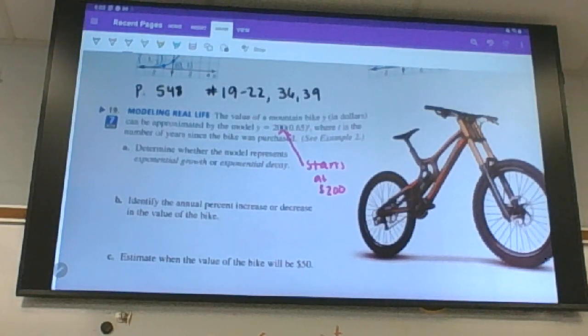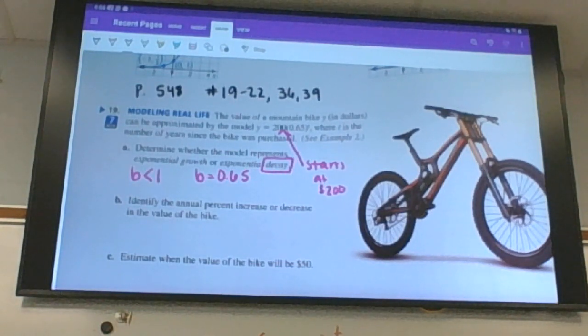This means every year it's worth 65% of how it started. The b value in this equation is 0.65. 0.65 is less than 1. That means this is a decay. The bike is going down each year.